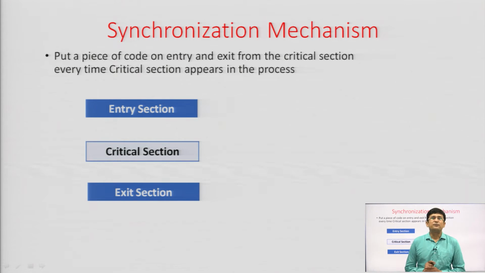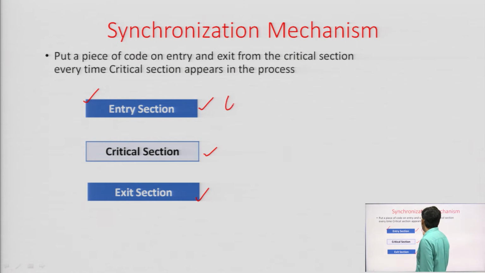So, this diagram shows how we can do so. This is the critical section. We should apply some conditions, some part of code, in the entry section, and then some code in the exit section as well. For example, if we have applied a lock in the entry section, then we should release that lock.